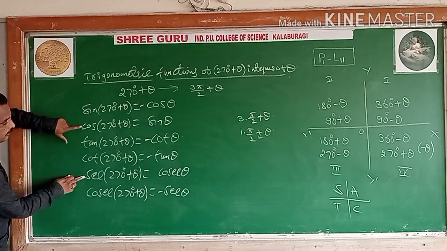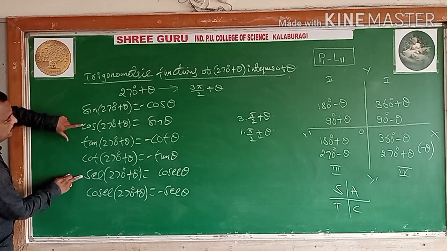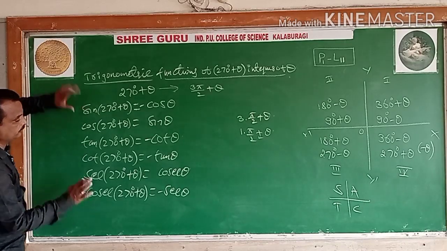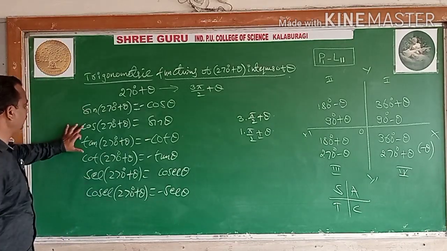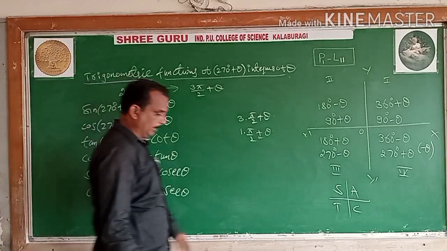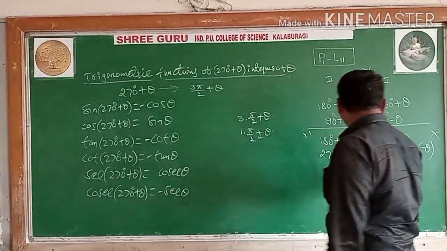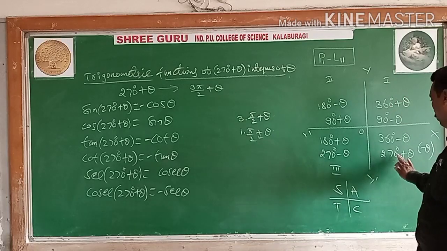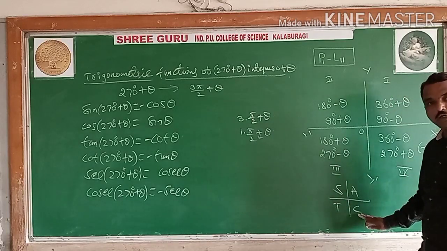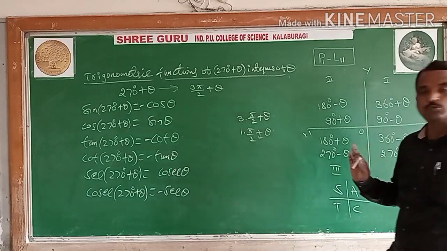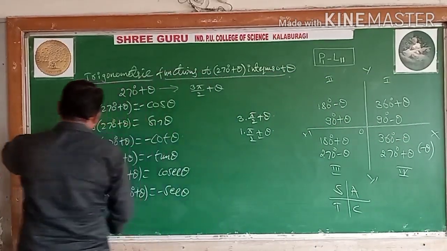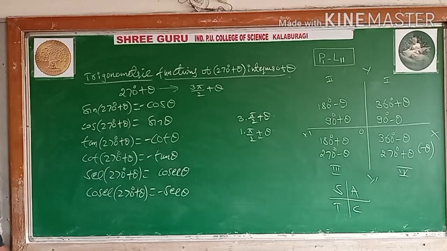Only the values of these two functions are positive, and all remaining functions are negative, because this angle is a fourth quadrant angle. In the fourth quadrant, cos and sec are positive, remaining are negative.